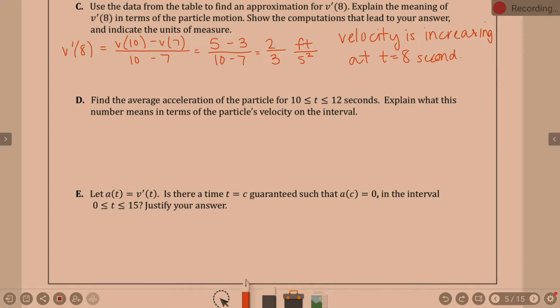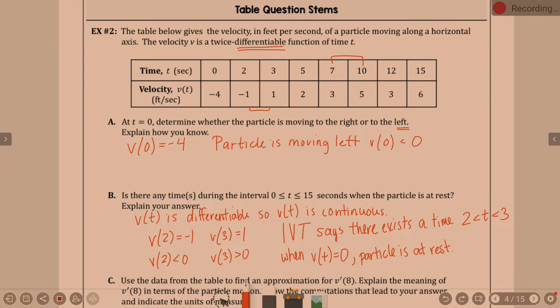D. Find the average acceleration of the particle for 10 to 12 seconds. Explain what this number means in terms of the particle's velocity on the interval. Well, average acceleration.